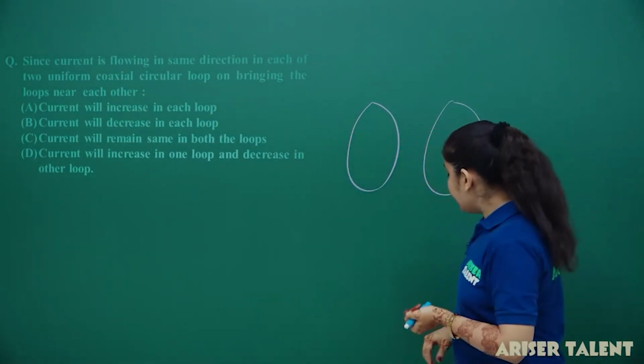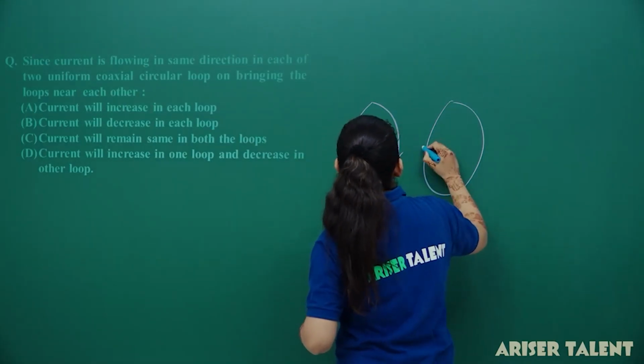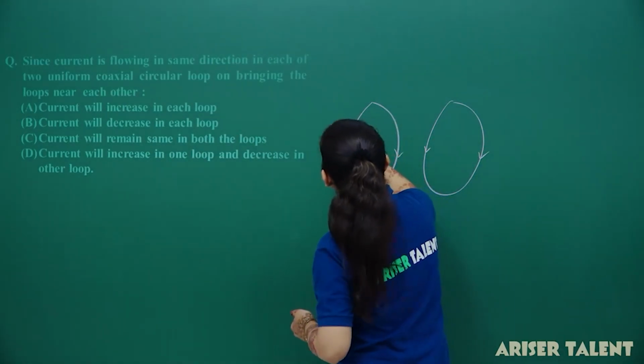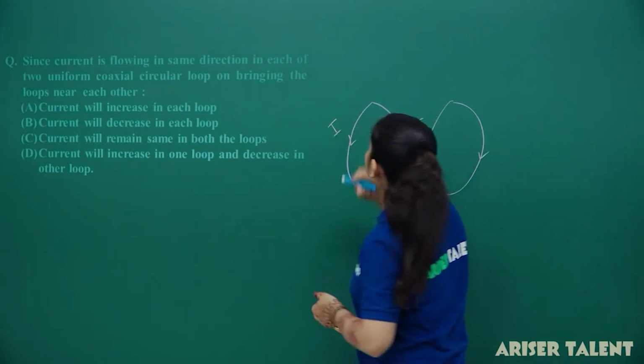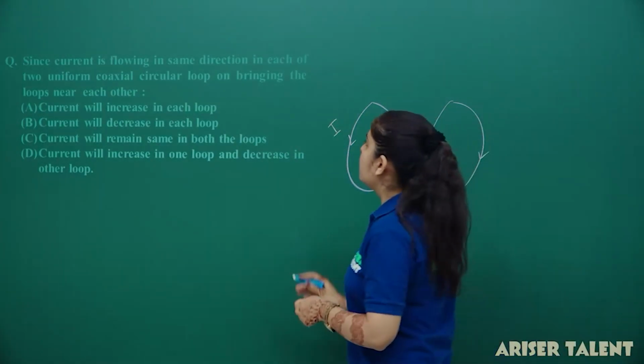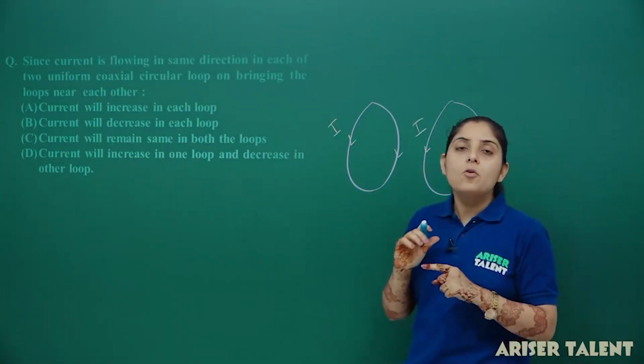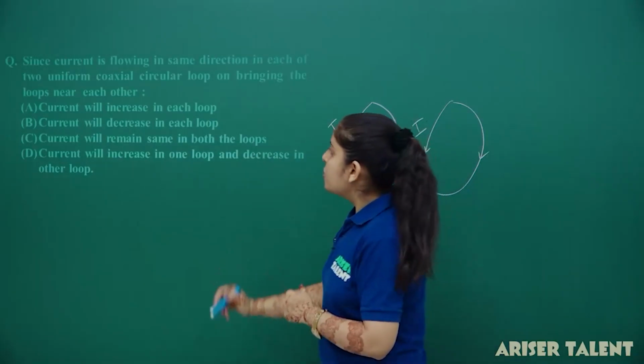If I am considering these loops here, the same current is going to flow in the same direction. So I am assuming that the current I is going to flow in the same direction in both the loops. Now, if you go on bringing these loops near to each other, what will happen? Let's check the options first.